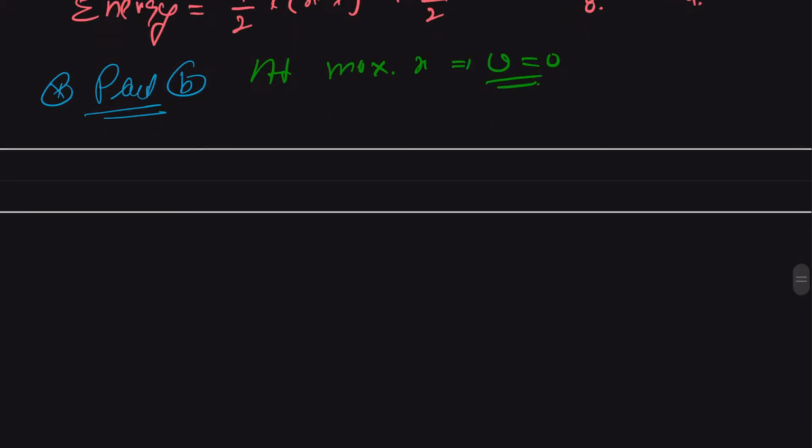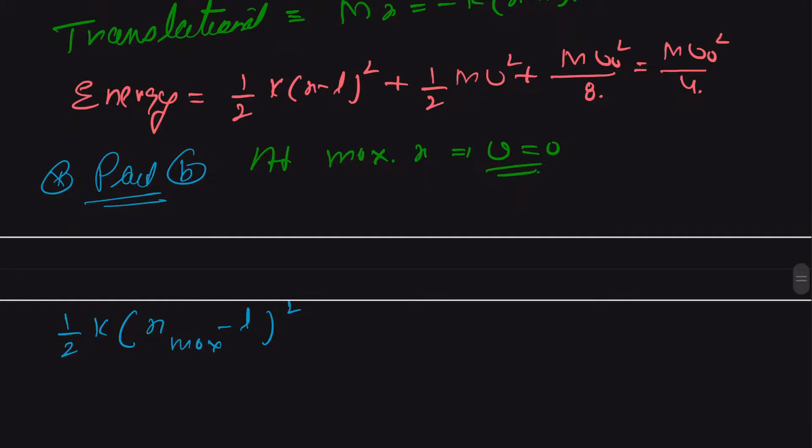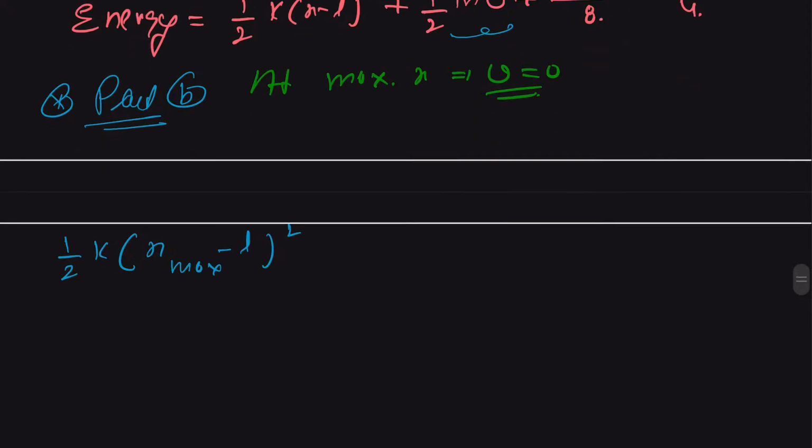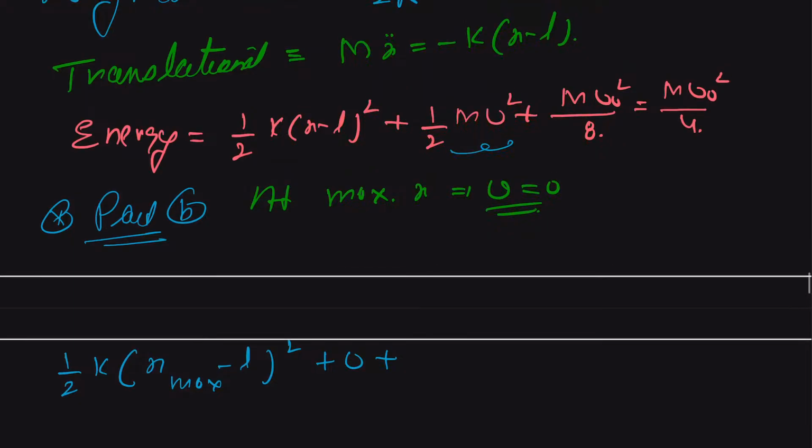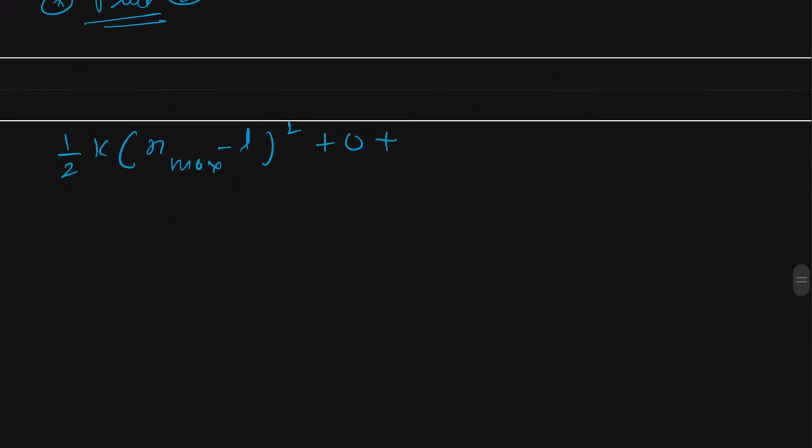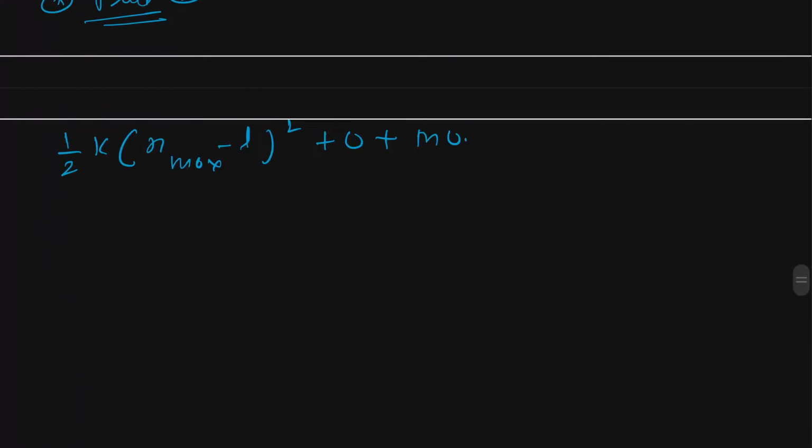Therefore half k (x maximum minus L) whole square plus 0, because the velocity term is 0, plus m v naught square upon 8 is equal to m v naught square upon 4.